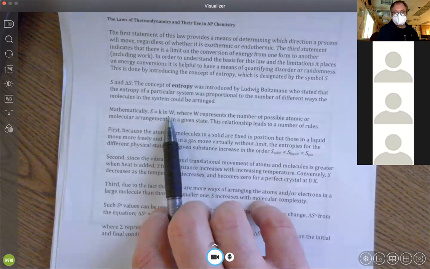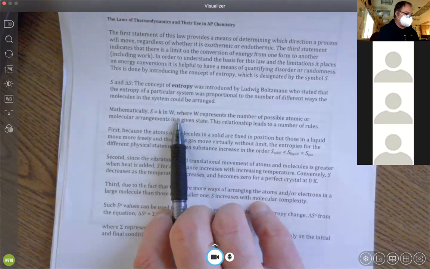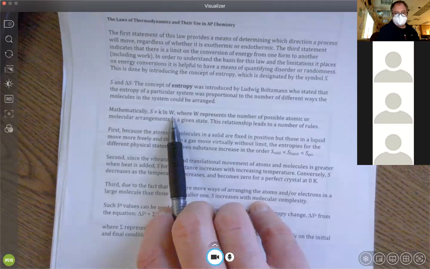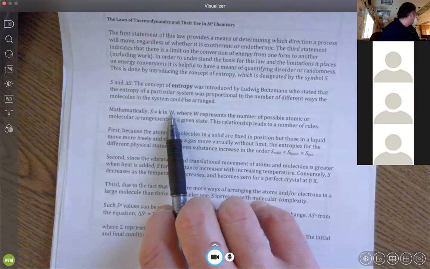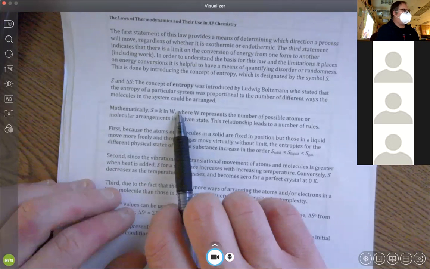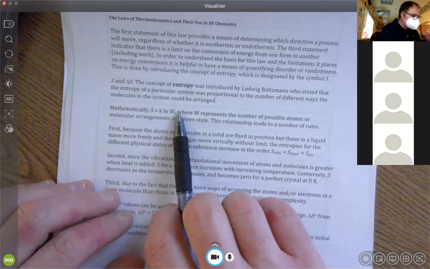I wouldn't worry about this too much. W is crazy. The more electrons you have, the more different places they could be. W gets bigger and bigger, right? You have more states that things could be in. It's like a probability game.